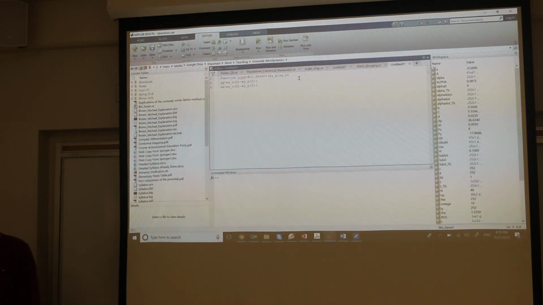Okay, right? This is delta x, and then delta y is of the second coordinate, 2. Then r squared, which I call r2, is dx squared plus dy squared. Right? And then the induced velocity is what?